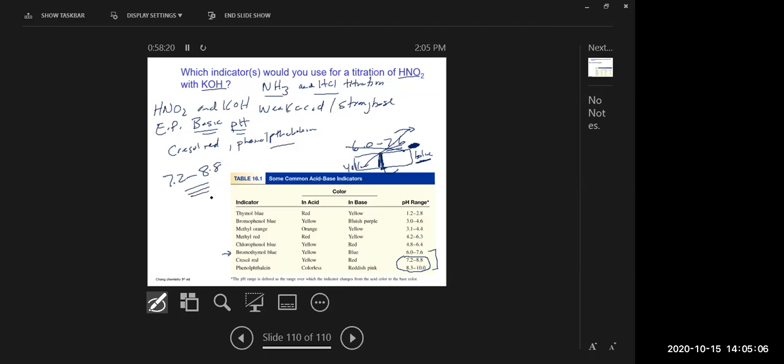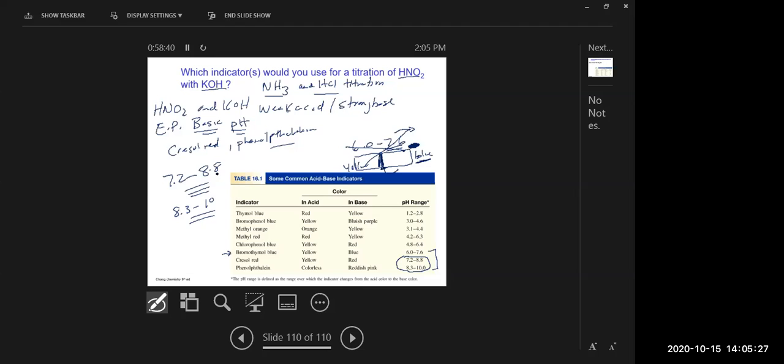That's a good run of color change that's going to occur in that basic range, right where we might need it. And then obviously our phenolphthalein runs a color change from 8.3 to 10. Again, we're probably going to be able to see the change in color to help us stop the titration.